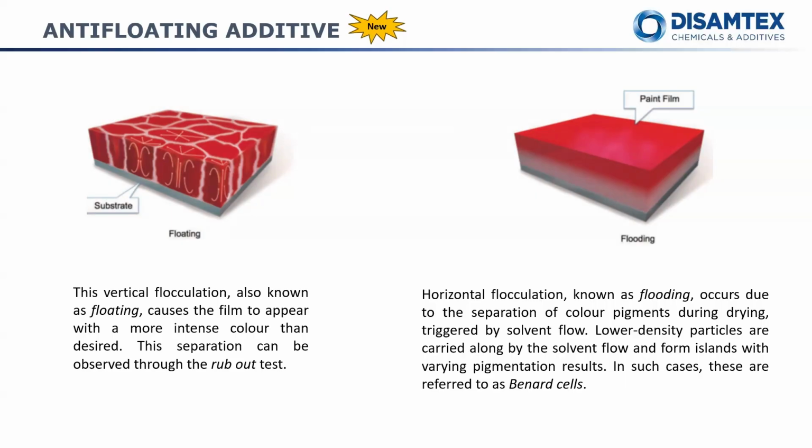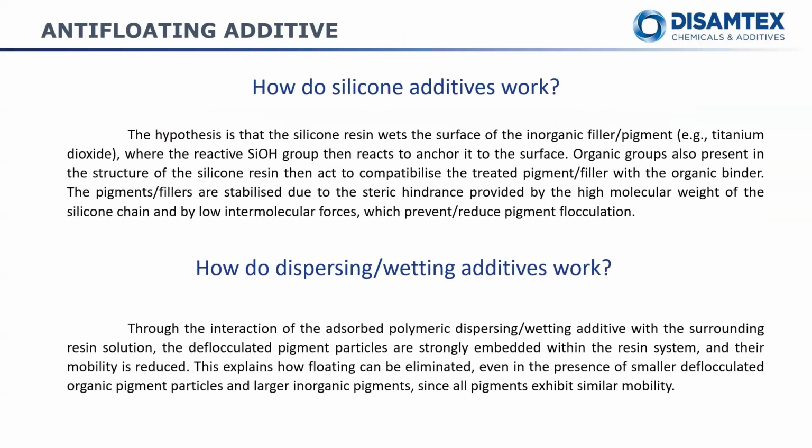And anti-floating additives like this one, Disacode AF 504S, help keep pigments uniformly distributed through the film. Additives with silicone like AF 504S work by anchoring onto pigments, improving wetting and surface compatibility, and their structure stabilizes pigments through steric hindrance, reducing flocculation.